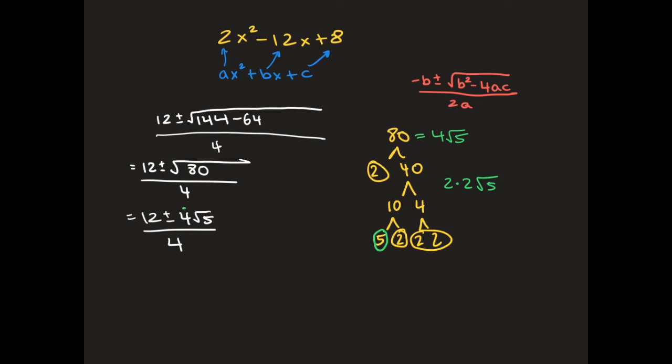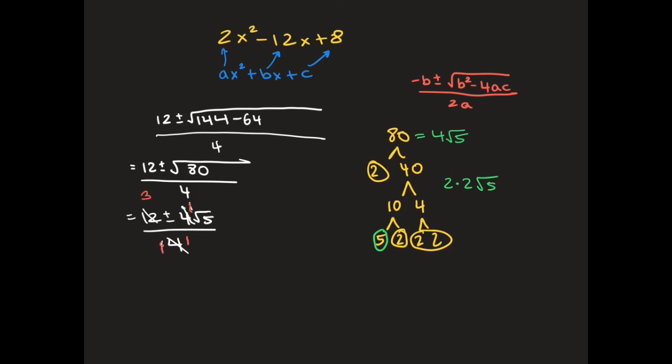So if this number is divisible by the denominator, we can divide by it. So 4 gets canceled out, this 4 gets canceled out, and this one gets canceled out. And this becomes 1, 1, and 12 divided by 4 is 3.